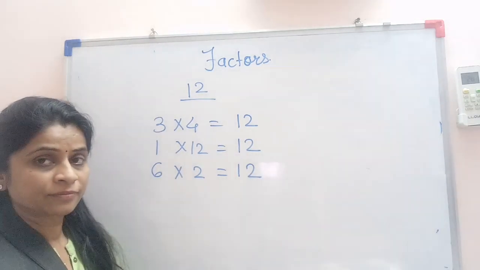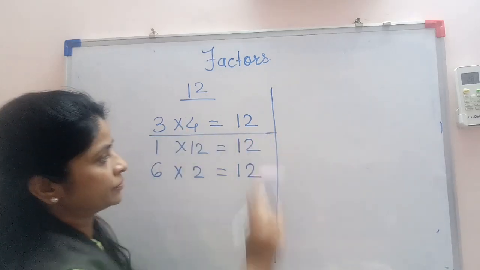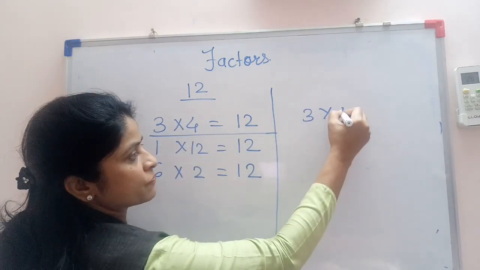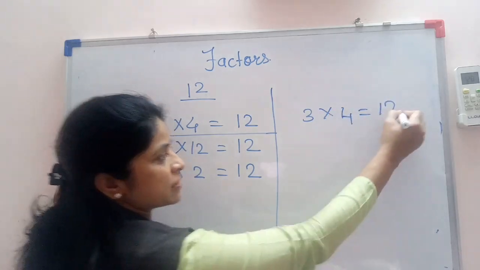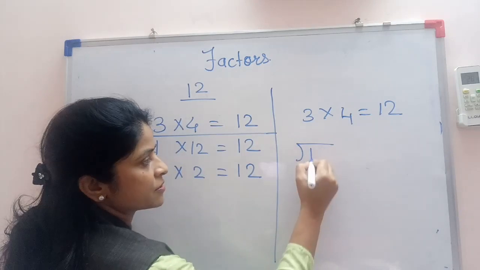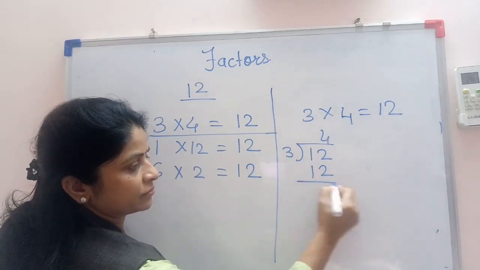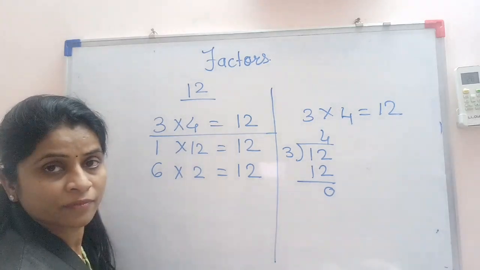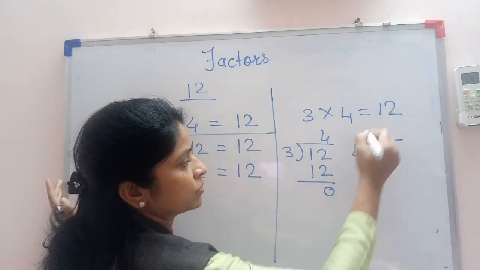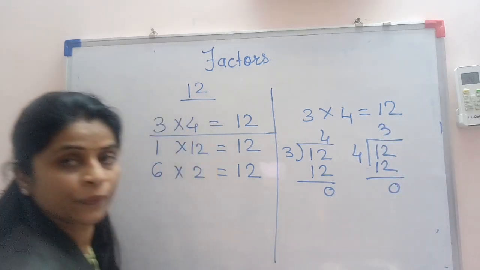Now students, if we take this individually, let's see, if we divide 12 by 3, 3 4s are 12. If 12 is divided by 4, 4 3s are 12, the remainder is 0.